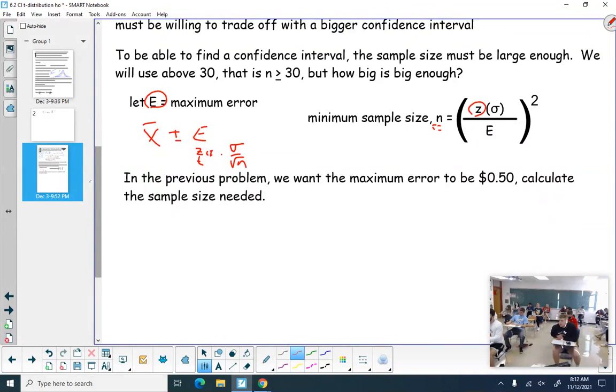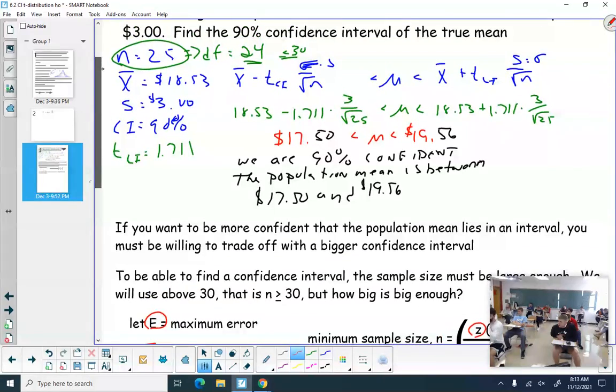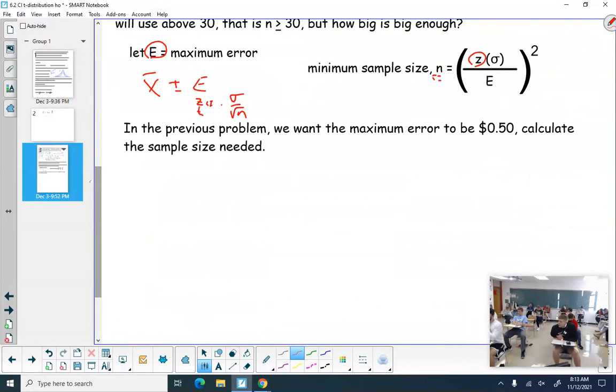So if we look at the previous problem, and we say our maximum error we want to be only 50 cents, what would the sample size have to be in the previous problem so that my error would be only 50 cents? Well, in the previous problem, we're looking at a 90% confidence interval. We would like to find our z value for the 90% confidence interval.